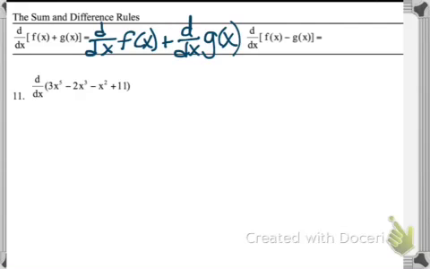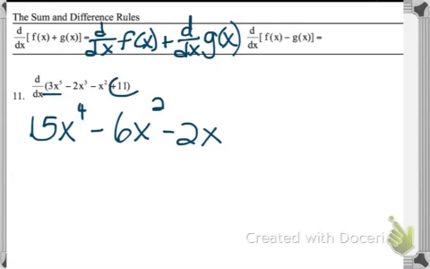So for 11, I would just do each term. What's the derivative of 3x to the 5th? Bring the 5 down, so it would be 15x to the 4th, minus, next term would be 6x squared. Next term would be minus 2x. Now what's the derivative of a constant? 0. I don't have to write 0. There's your answer. How nice is that, instead of using the limit formula?